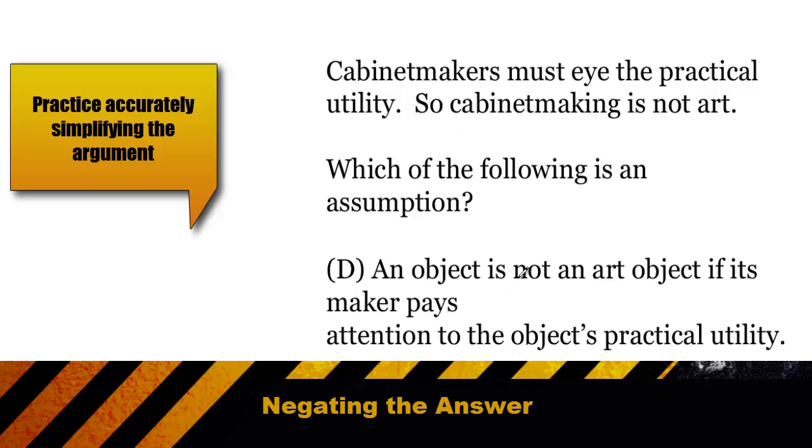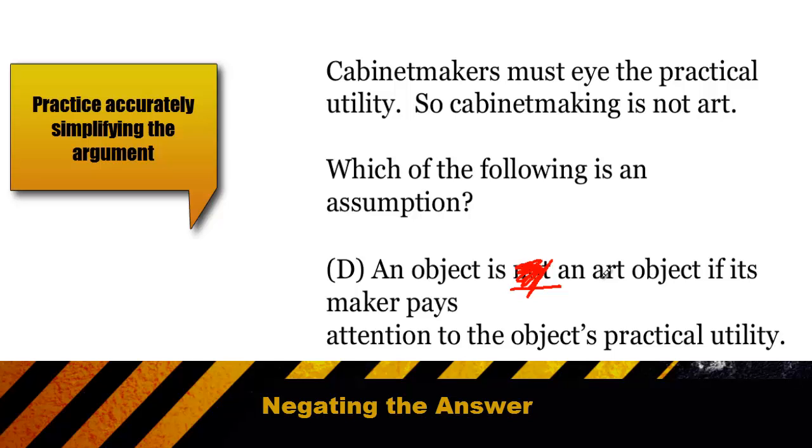And then when I go to my answer choices, I simply negate each one to see if it challenges the conclusion. And when I got to answer choice D, I saw my not. So to negate that answer choice, it's easy. I just cross out the not.